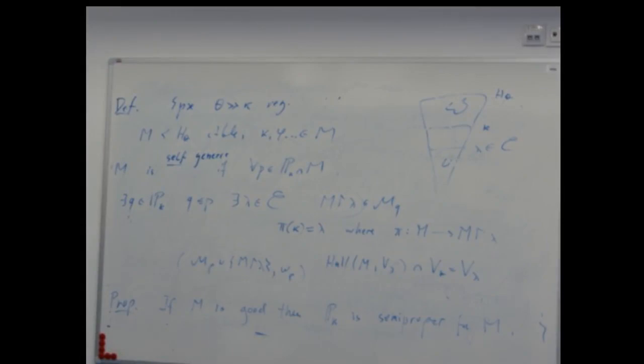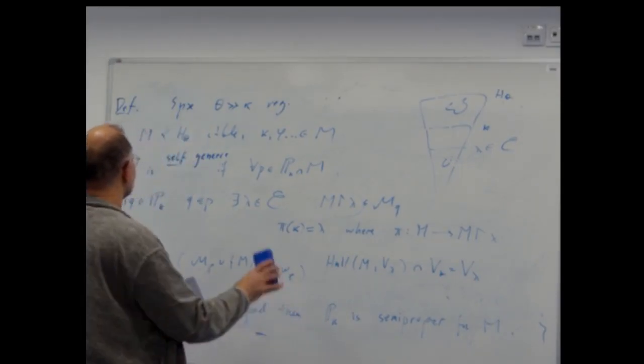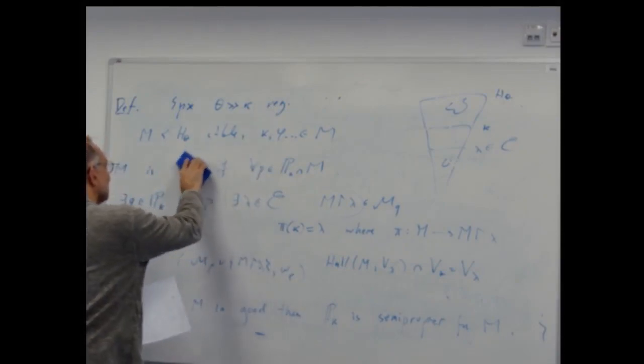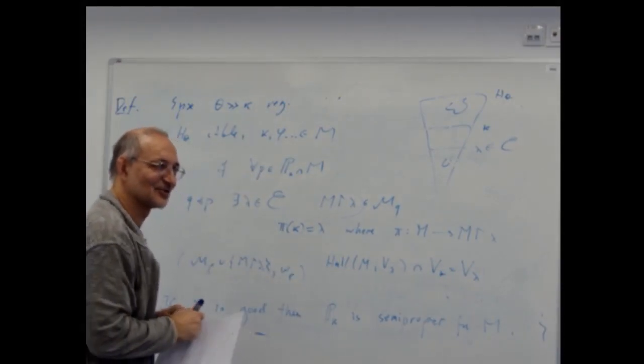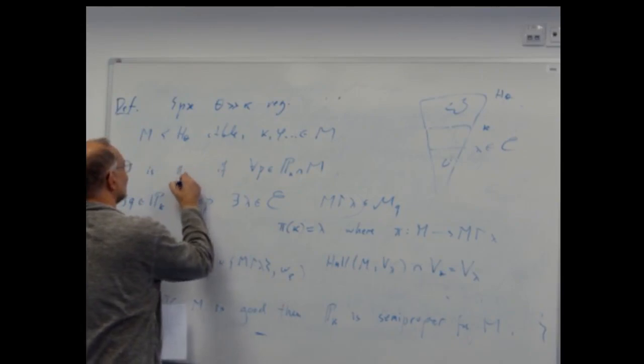Is this proposition good or self-generic? I wrote good, and I said I don't like the name, but I got a better one, and Grigor suggested, why don't you call it self-generic. That's very bad because now you will call it self-generic in some places, good in others. Just call it good. Okay, democracy is not good, right?